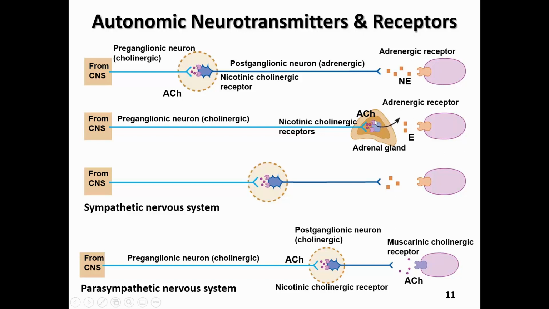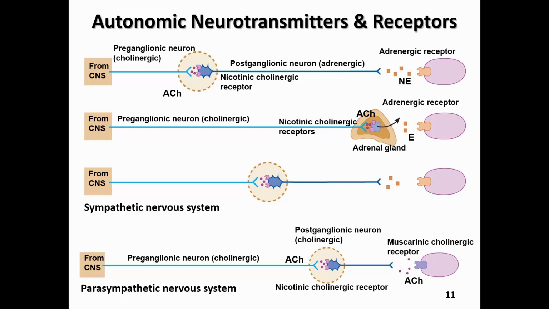The effector cell will have proteins that are responsive to an adrenaline type of molecule, which is epinephrine. However, the protein receptors on the chromaffin cell are considered cholinergic, as these receptors respond physiologically to acetylcholine and experimentally to nicotine.